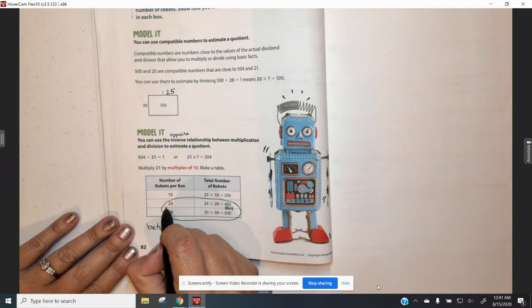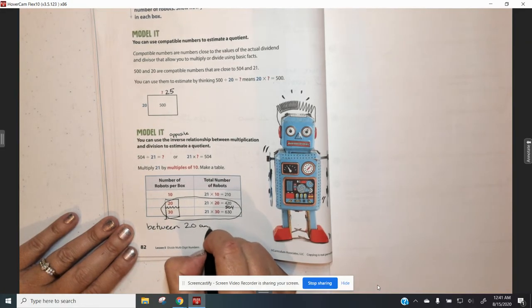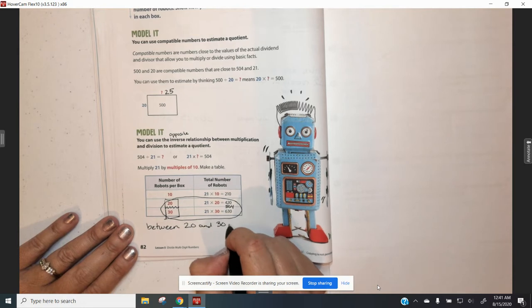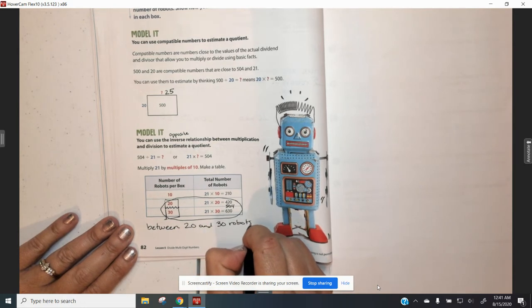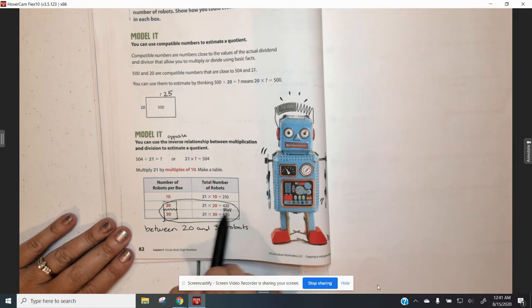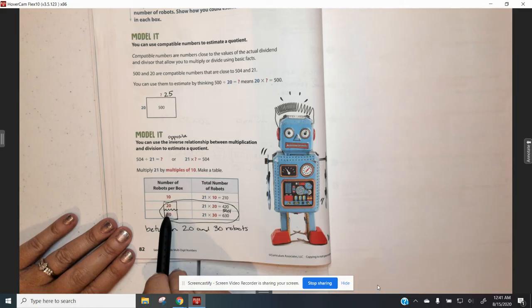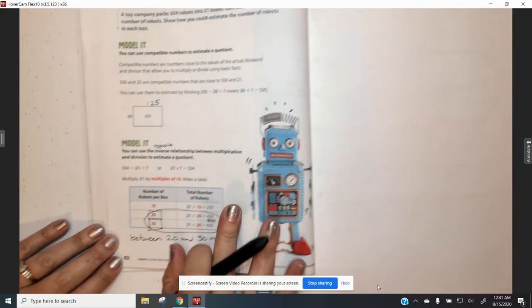So we would know that our answer would be somewhere between 20 and 30 robots, because 504 goes between 420 and 630. We know our quotient will also be between 20 and 30.